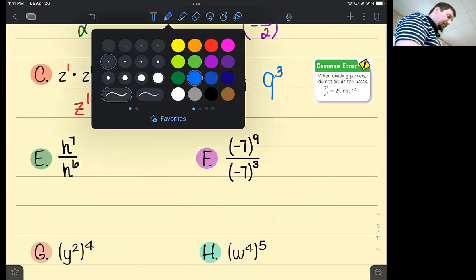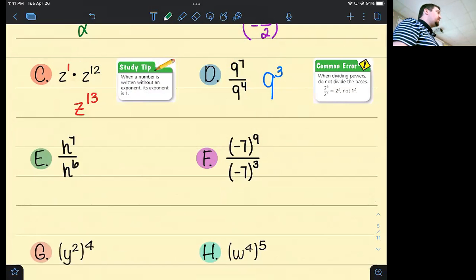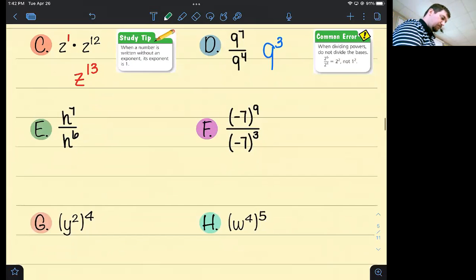Example E, h to the 7th divided by h to the 6th. What do you think, Carter? You're not going to divide the exponents. Not going to multiply them.